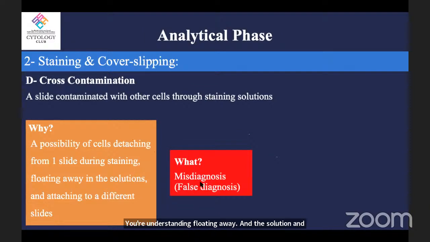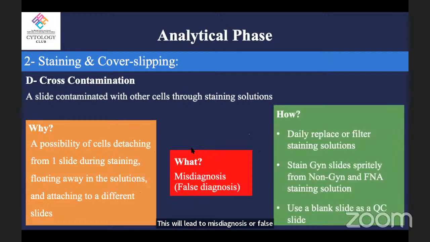This will lead to misdiagnosis or false diagnosis. And how could we avoid cross-contamination? Replace or filter the staining solution daily, stain gyne slides separately from non-gyne and FNA, and use a blank slide as a QC slide with each staining batch.